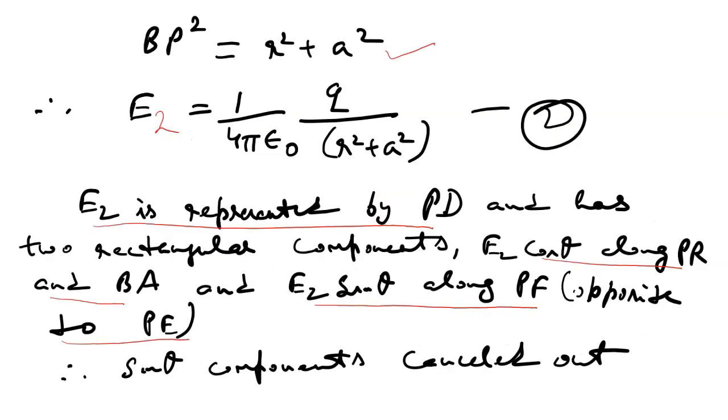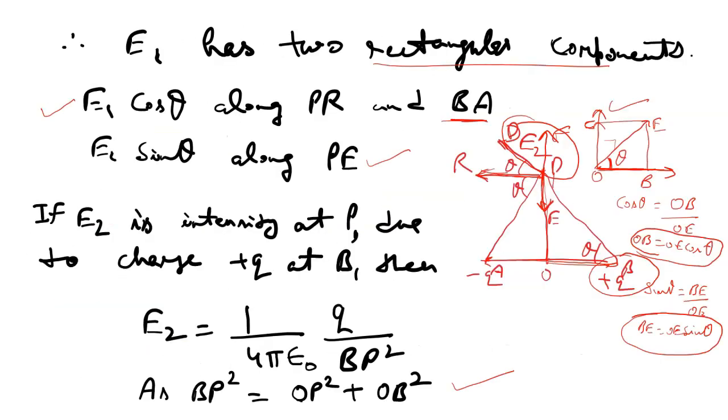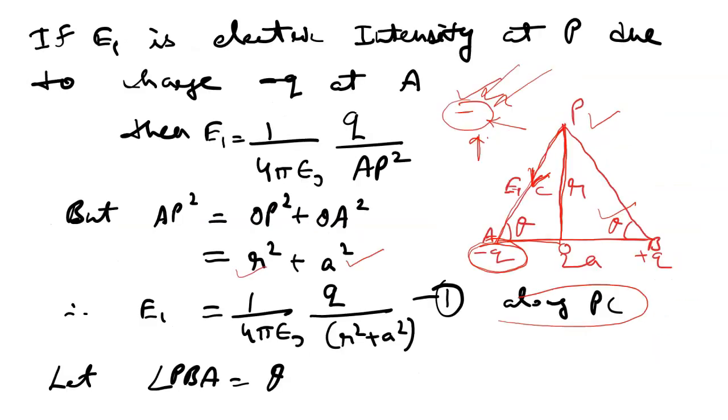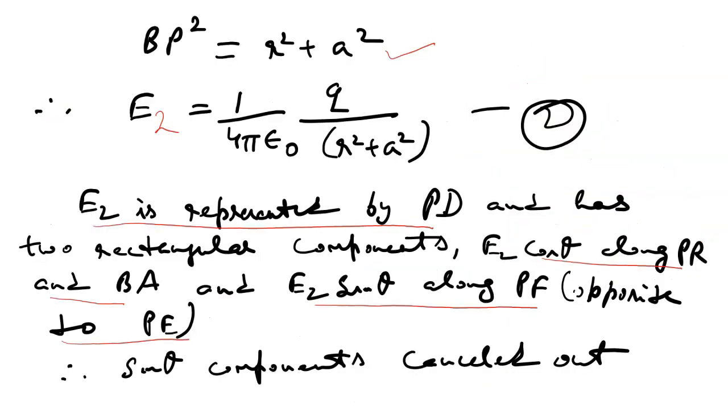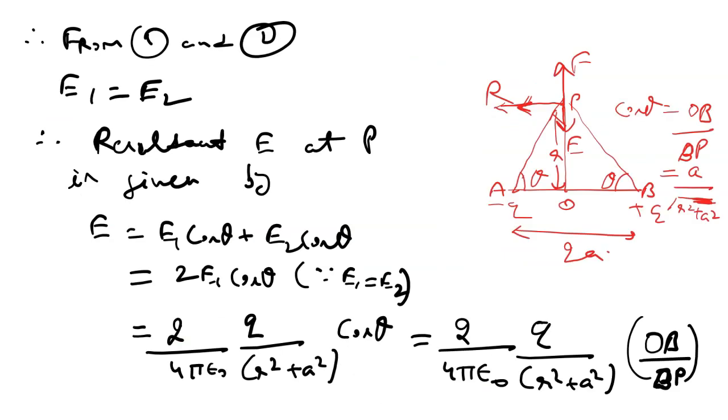You can see equation number 2 and equation number 1 are the same. Therefore the resultant electric field intensity at P is E equals E1 cos theta plus E2 cos theta, because both cos theta components are along the same direction. The sin theta components, one due to the plus charge and another due to the minus charge, are in opposite directions and cancel out.